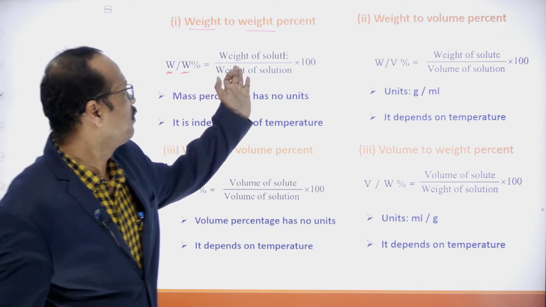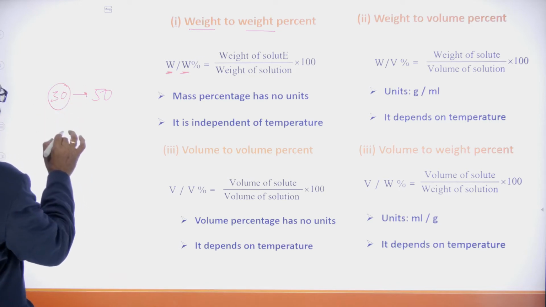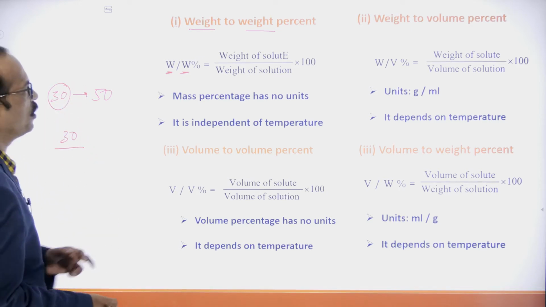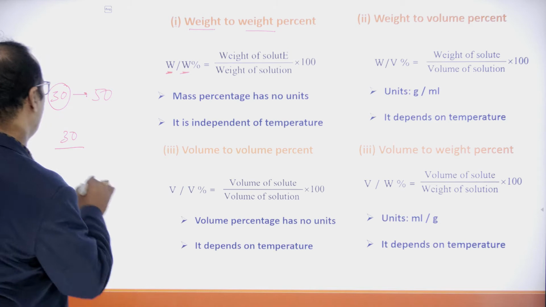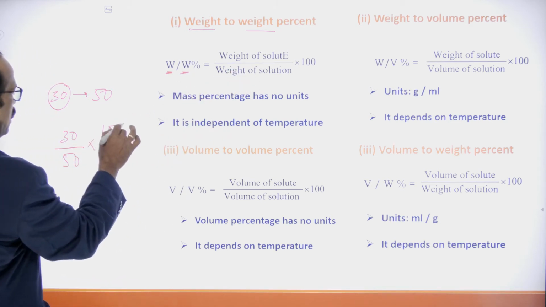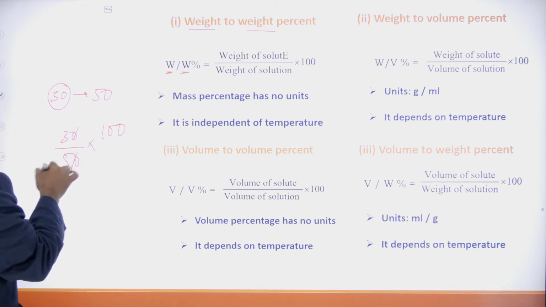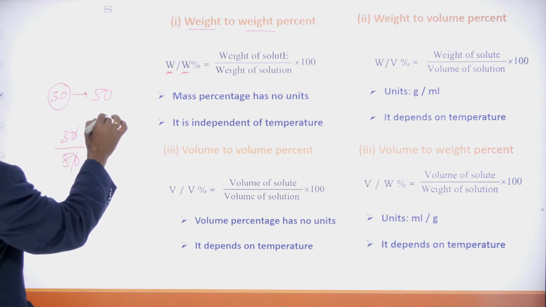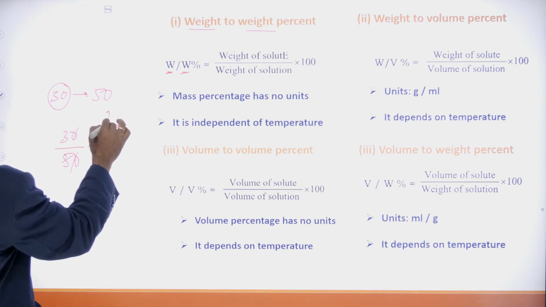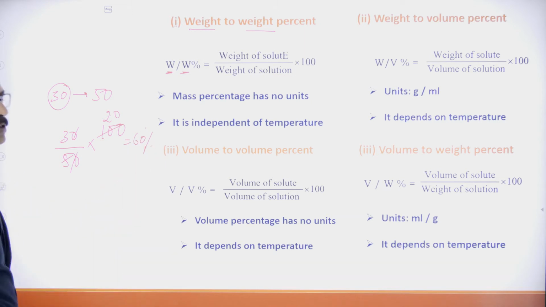Similarly, weight of solute by weight of solution. Weight of solute means how many marks you got, that is 30. Out of how many marks? Out of 50. Into 100. Now 0, 0 cancel. 5 ones are 5, 5 twos are 10, 5 sixes are 30, so 60. That's all. 60%. See how simple it is.